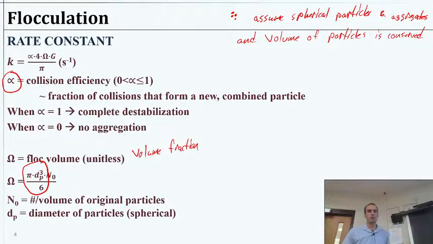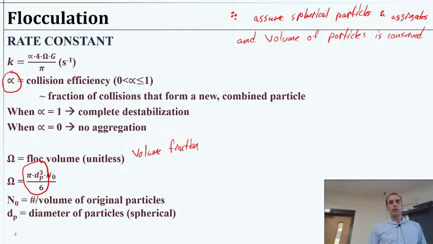Okay, with those two assumptions, that gives us a way to relate the initial diameter to some final diameter. And as you recall, this diameter is what's pretty important for sedimentation. That was one of the predicting values of how quickly it will sediment. So we're trying to increase that.